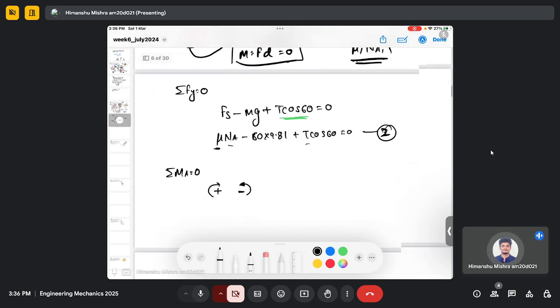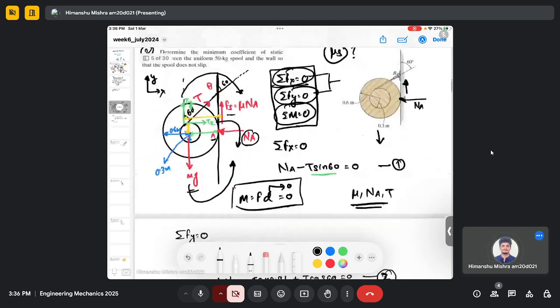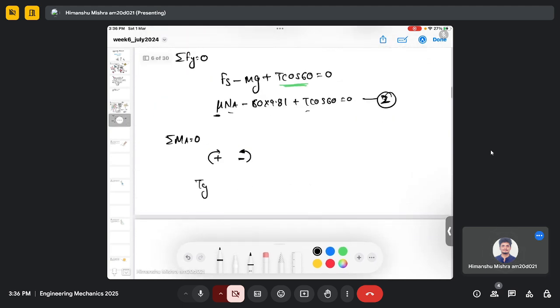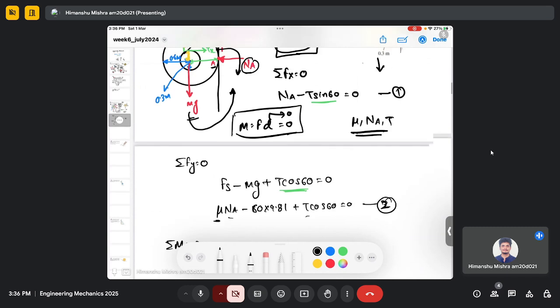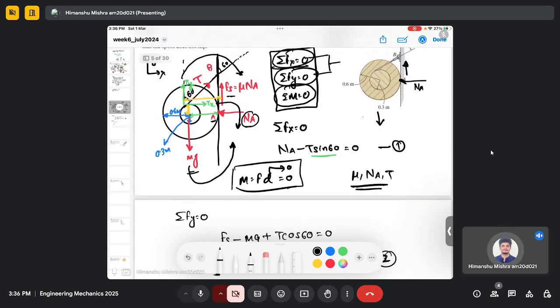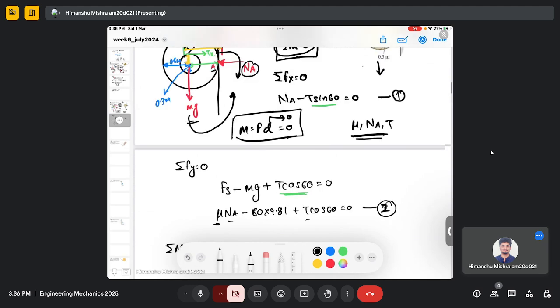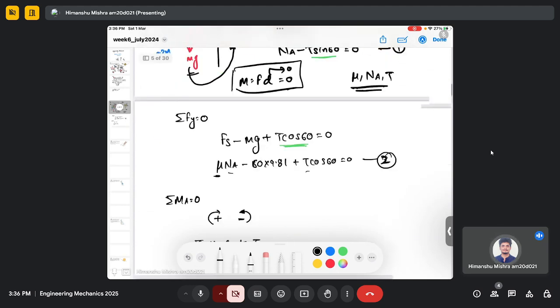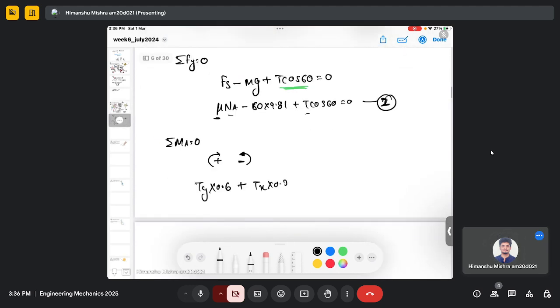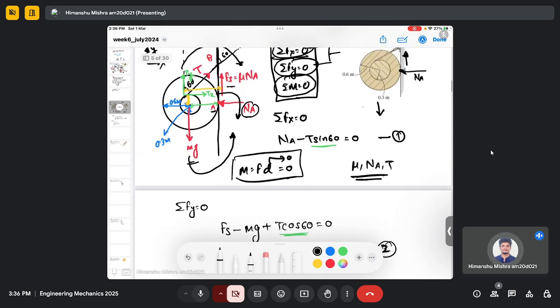So anyway, we have positive Ty and the perpendicular distance is 0.6. Then we have positive Tx and the perpendicular distance is 0.3 meter, and we have a negative mg multiplied by perpendicular distance, which is 0.6.